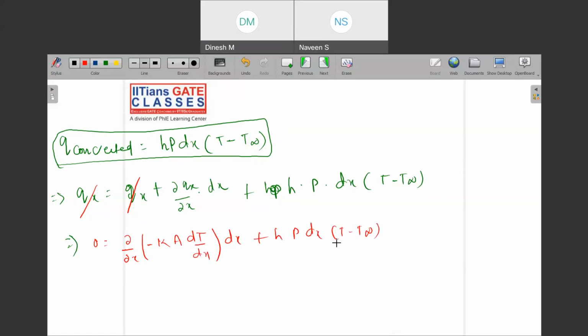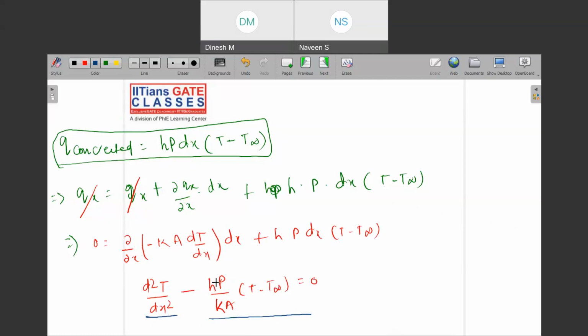Then if you cancel dx, d square T upon dx square minus hP upon kA into (T minus T infinity) is equal to 0. So now you can see that this is a second order differential equation, and in order to find out the temperature distribution you need to solve it.